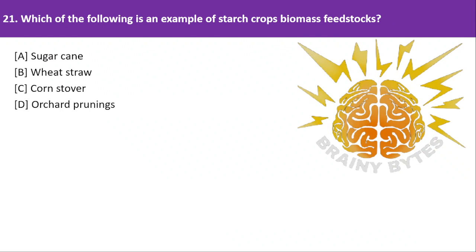Question number 21. Which of the following is an example of starch crop biomass feedstocks? Options are: A. Sugarcane, B. Wheat straw, C. Corn stover, D. Orchard pruning. Correct option is A, sugarcane.